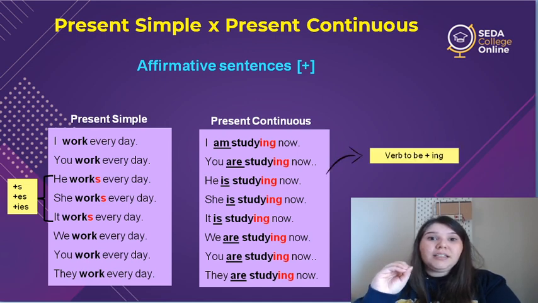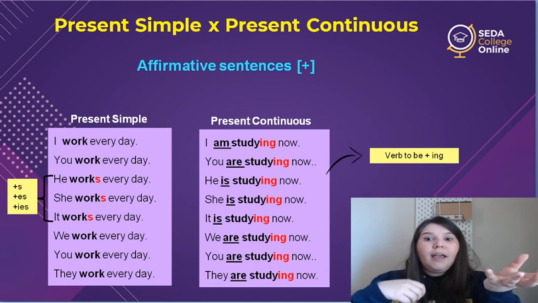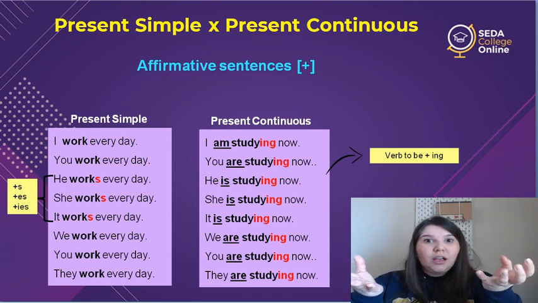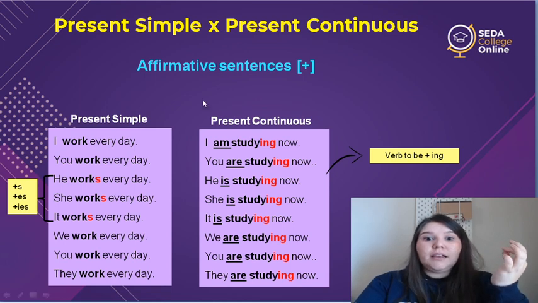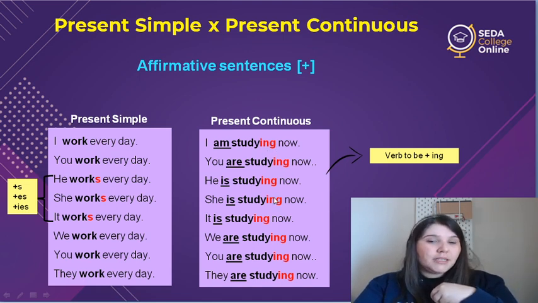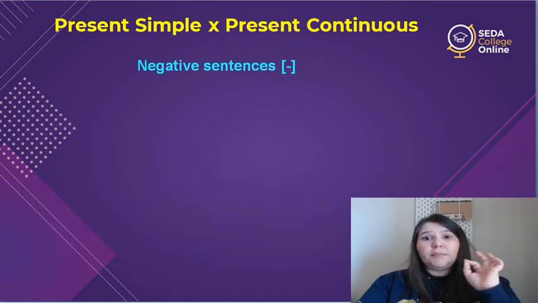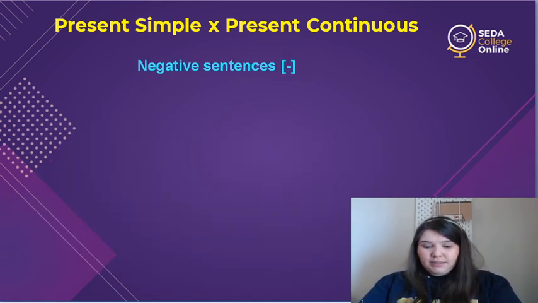For the present continuous affirmative, we use the verb to be and ing on the main verb. Okay? So it's important to memorize the correct verb to be. And then the main verb, we always add ing. Alright? Now let's talk about negative sentences.